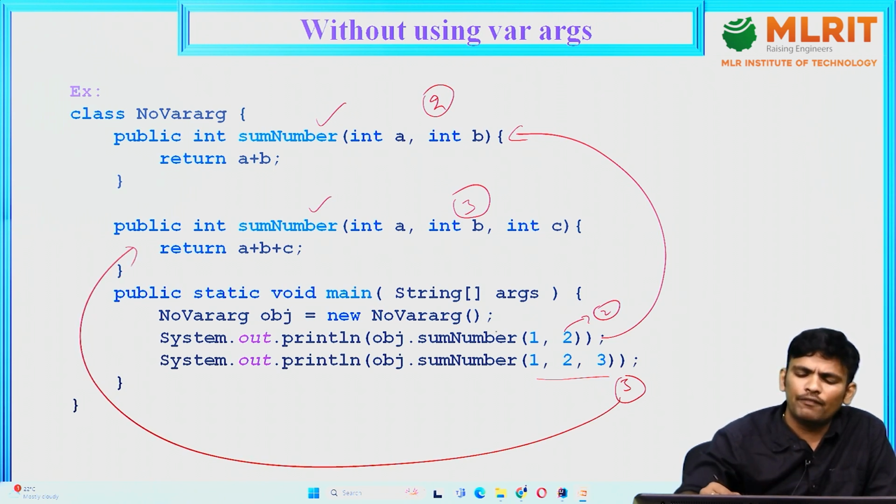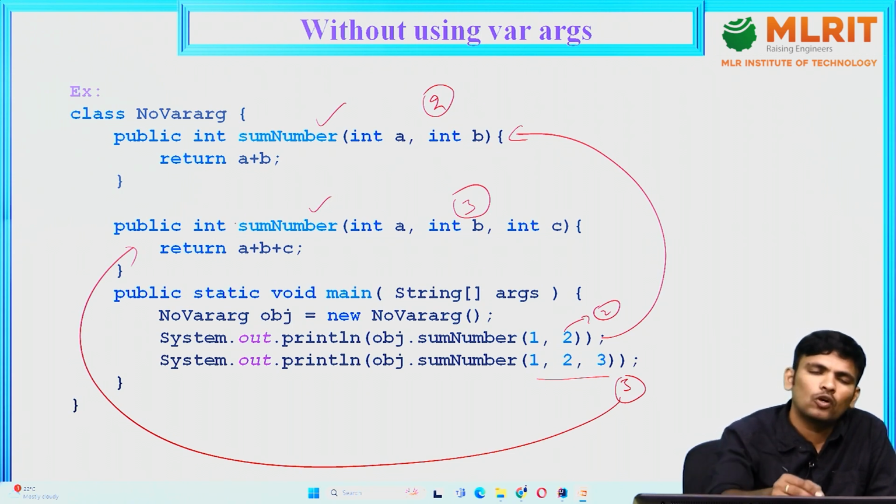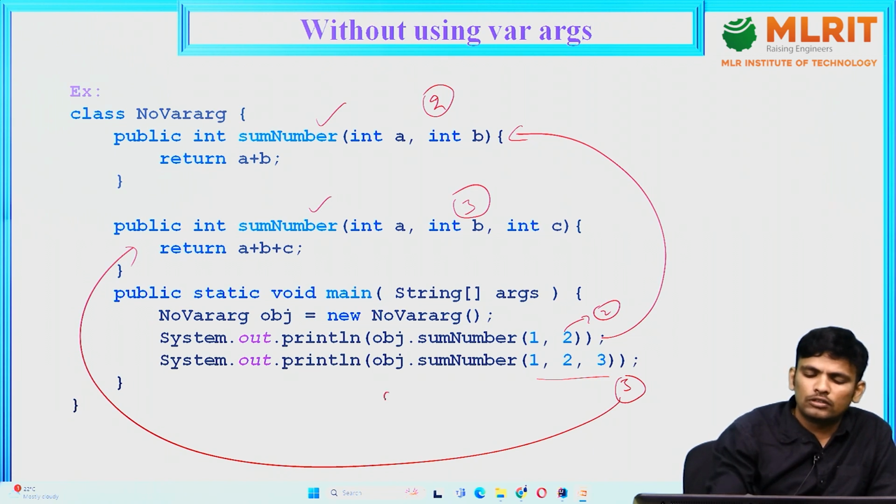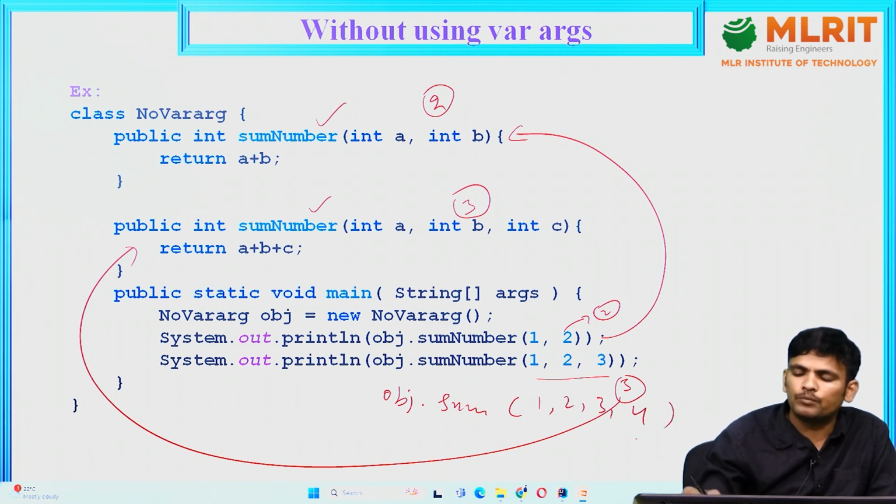Whenever you are calling different methods, you are differentiating the methods by using different arguments. If you are calling the method with two arguments, it will call the first method. If you are calling the method with three arguments, it will call the second method. What if I call, suppose, object dot sum number 1 comma 2 comma 3 comma 4?